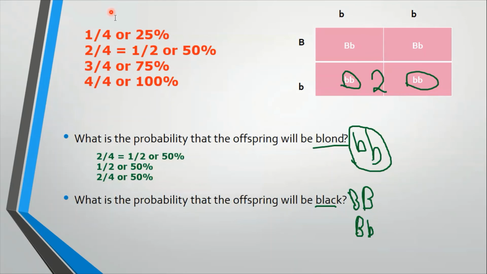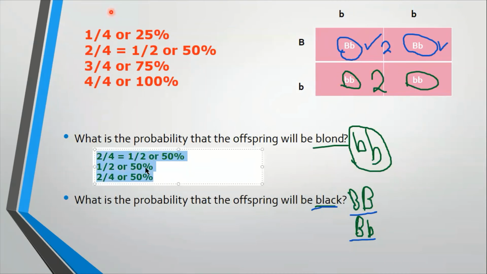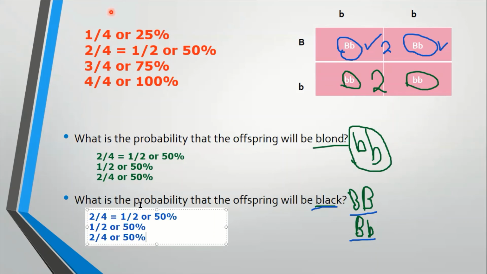Okay, the next question says, what is the probability that the offspring will be black? So black, we can have it as B capital, B capital, or B capital, B small. So this or this. We also have 2 squares out of 4 squares. So the answer will be the same.